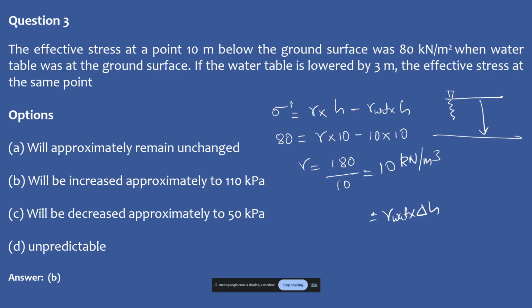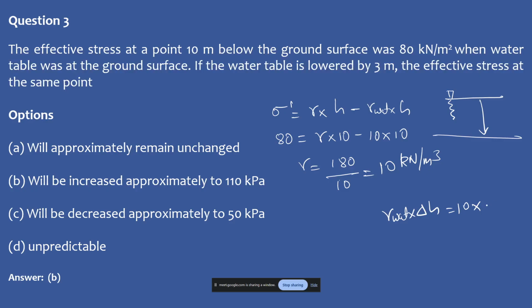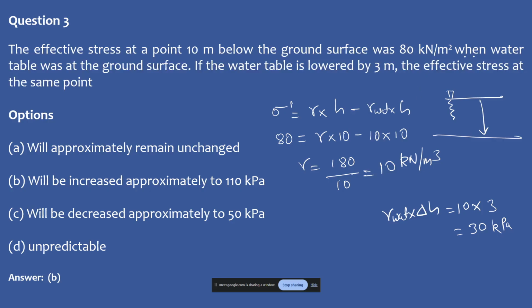Okay, so this is the preliminary way I want to show you. Let's say by 10, if we assume the unit weight of water and your delta H is 3 meter, we can expect a rise of 30 kPa. Initially it was 80 kilonewton per meter square below the ground surface.